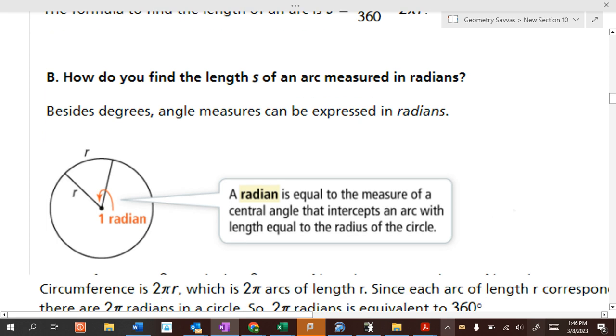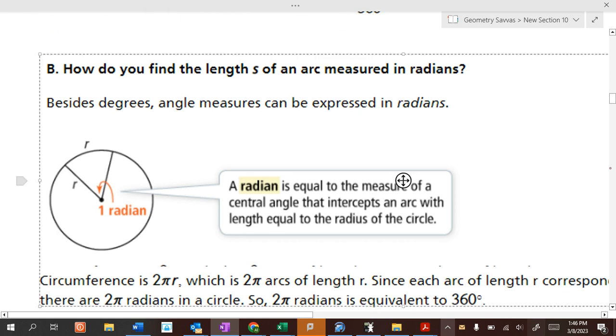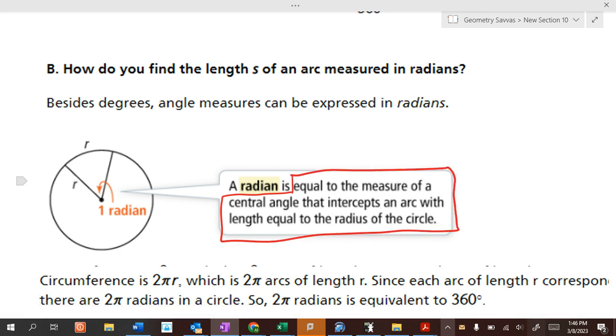But sometimes we measure in radians. And what is a radian? A radian is equal to the measure of the central angle that intercepts an arc with a length equal to the radius of the circle.